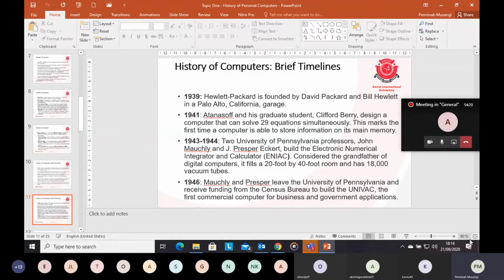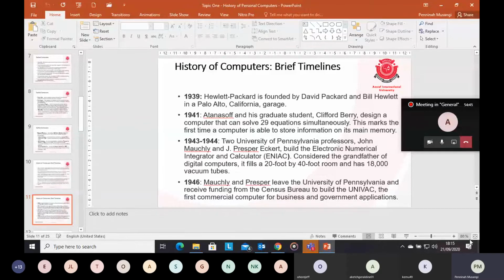But there was a lot happening before even ENIAC was built. ENIAC came in during these years, 1943 and 44. But as you have seen, there were other forms of early computers, though people know ENIAC to be the first computer.